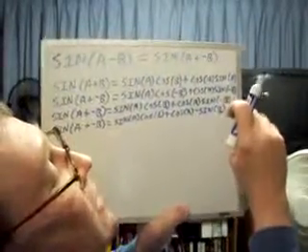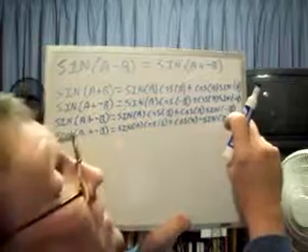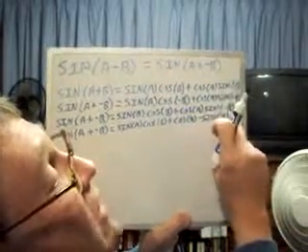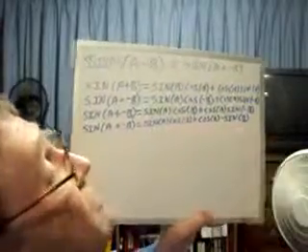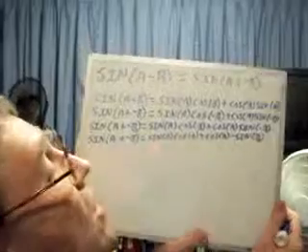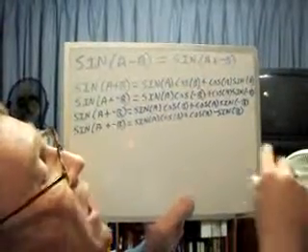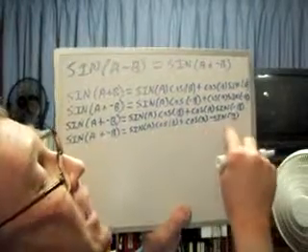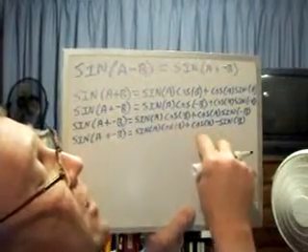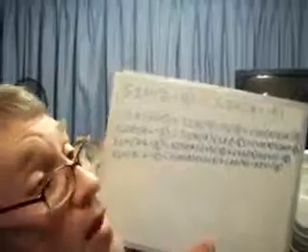Alright, if you'll remember, the sine of negative B is actually the negative sine of B. So what you'll do is you'll find the sine of B first, and then make it negative. But that still looks ugly. We need to change one more thing. Alright, what happens when you take a negative number times a positive number? Well, when you take a negative number times a positive number, you get a negative number. That's what we're going to change.